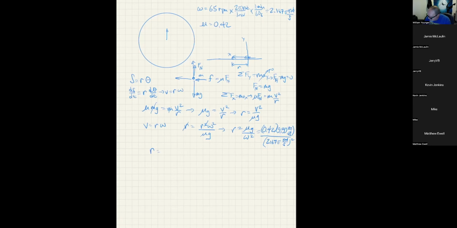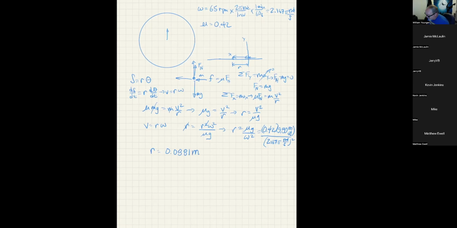And that gives me 0.0881 meters. And you can see that radians per second is really no units, but it's squared and it's in the bottom, so it'll become second squared over radians squared. The second squared in the top will cancel out with the second squared in the g. And that gives us, of course, 8.81 centimeters.